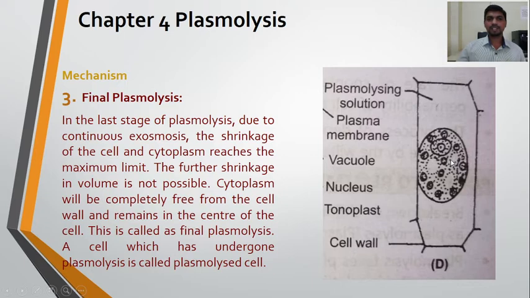So these are the characteristics of final plasmolysis, where the shrinkage of the cell and cytoplasm reaches the maximum limit. Further shrinkage of the protoplasm in terms of volume is not possible. The cytoplasm is completely free from the cell wall and remains in the center of the cell. This is called final plasmolysis. A cell which has undergone plasmolysis is called a plasmolyzed cell.